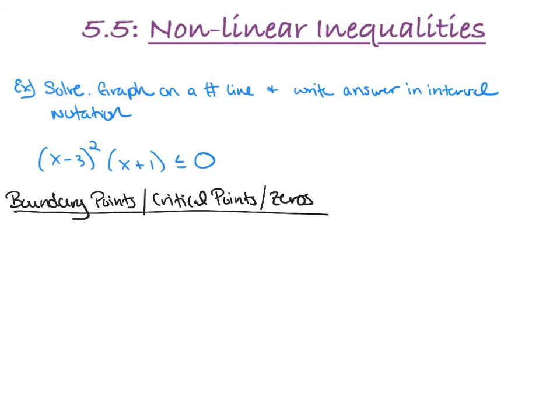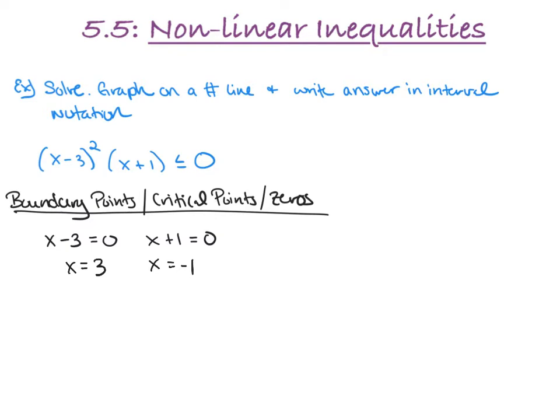All are totally appropriate, and these are when you have x minus 3 equals 0, x plus 1 equals 0. So these points are whenever the factors of our inequality equal 0, hence the term zero. You'll see in a second why they're called boundary points and critical points. So here's what we get. The two boundary points are x equals 3 and x equals negative 1.